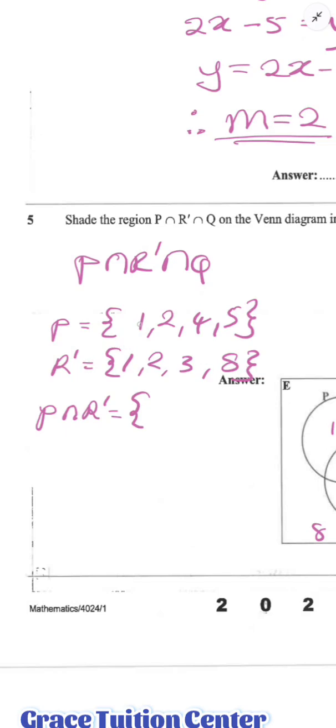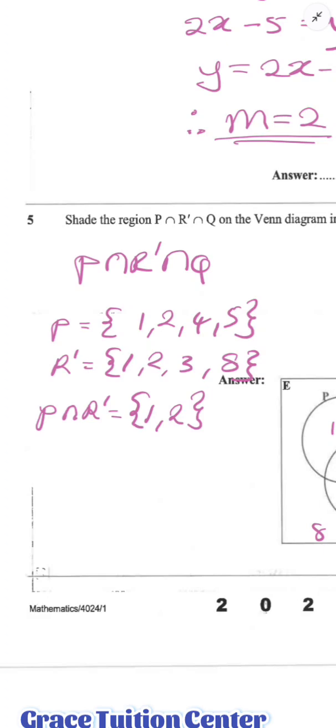You can clearly see that we have the 1 there and the 2 there. These are the numbers found in both sets. They are found in set P, and they are also found in R complement. Intersection means common elements, the elements that are found in both sets. So our P intersection R complement is 1, 2.